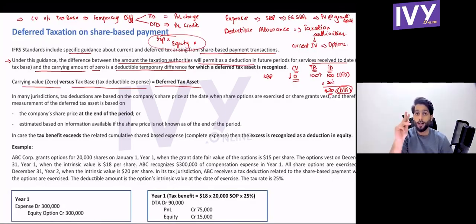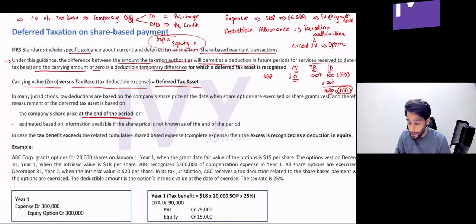Point number 2, there will also be a difference between what we treat as an expense according to fair value at grant date and what taxation authorities allow as a deductible allowance. In most cases, taxation authorities would be allowing a deduction based on the share price at the end of the period, or based on an estimated price based on the information that is available at the end of the period.